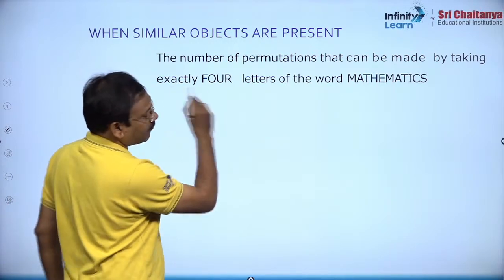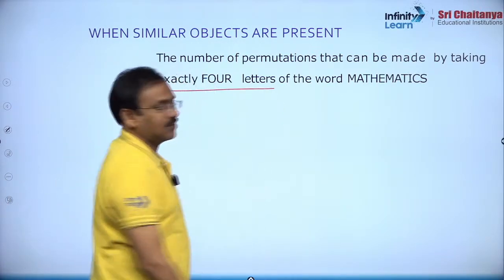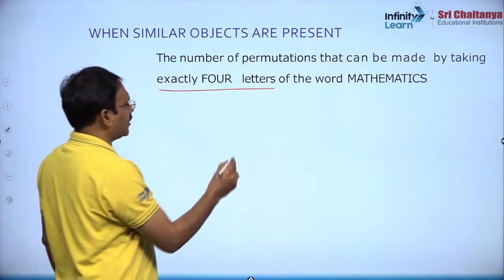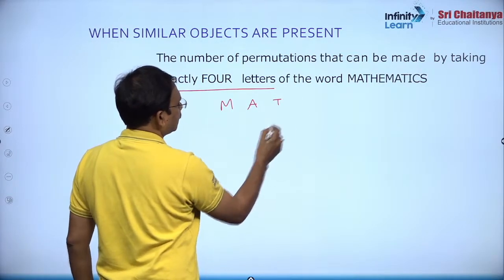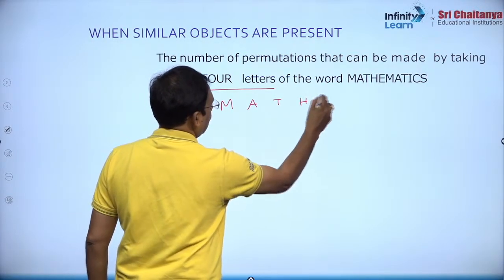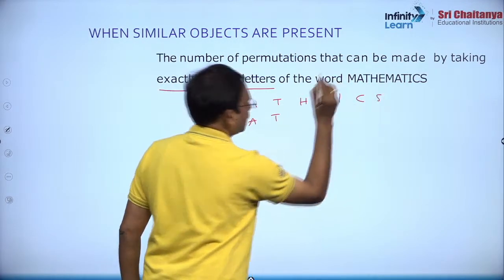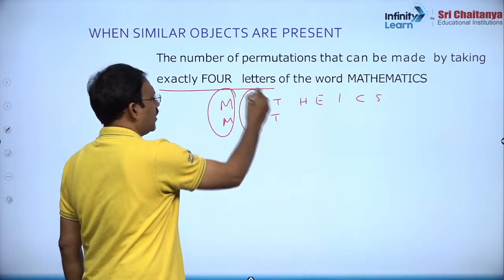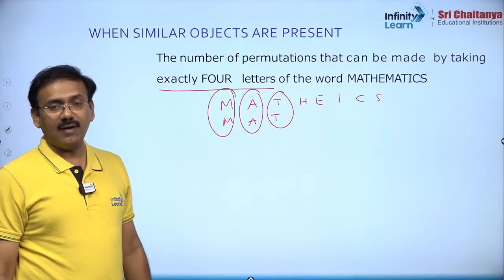The number of permutations by taking exactly 4 letters of the word MATHEMATICS: M, A, T, H, E, M, A, T, I, C, S. In this word there are 2 M's, 2 A's, 2 T's, so 6 plus 5, there are 11 letters.